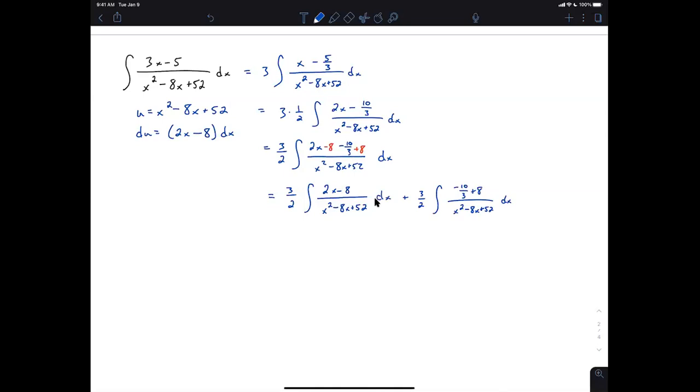This first one is 1 over u du. But now we have this integral to deal with. And it's a lot like the one we started with. What is significantly different about this integral from the one we started with, though? It looks a lot like it, but what's the significant difference here?